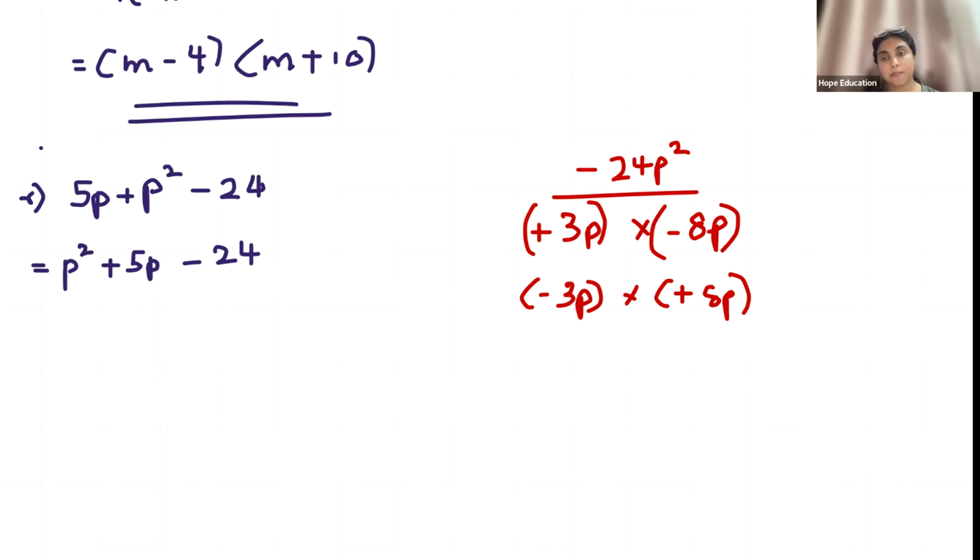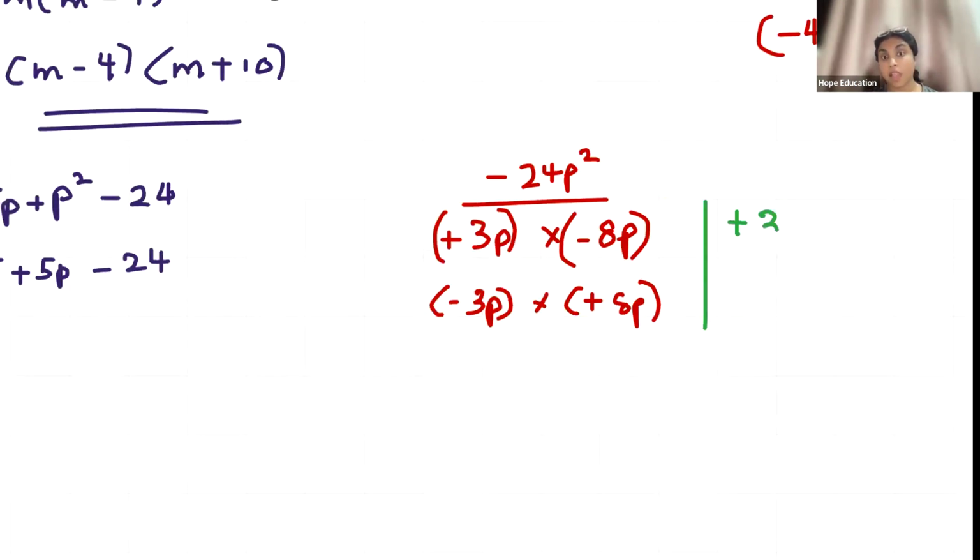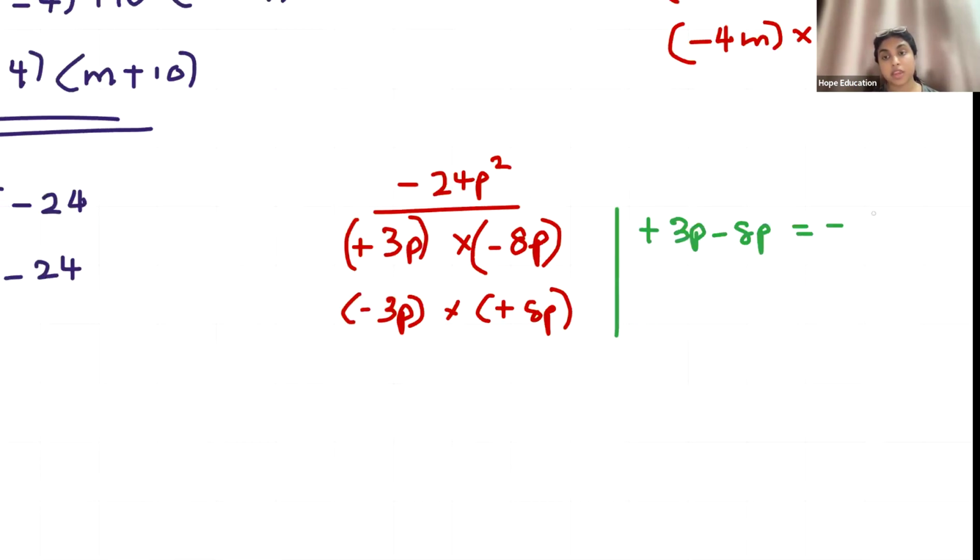Plus 3p minus 8p would be minus 5p. Minus 3p plus 8p would be plus 5p. And that is what we need. We need plus 5p. And we get plus 5p if we use minus 3p and plus 8p.